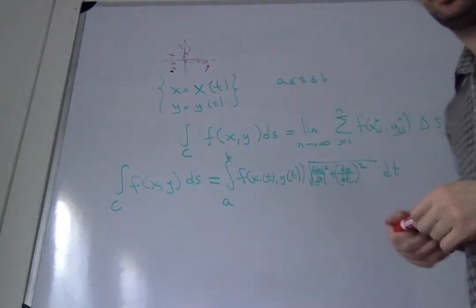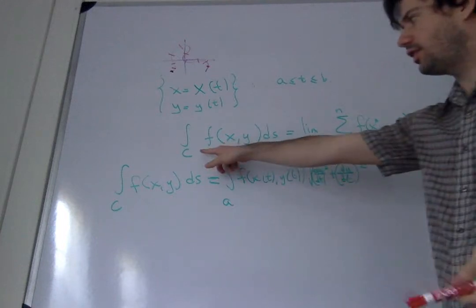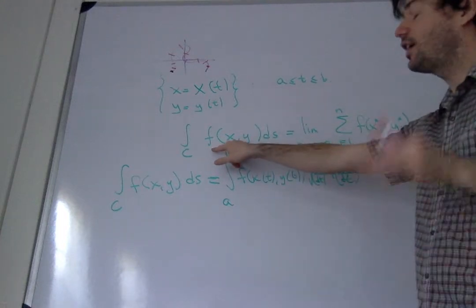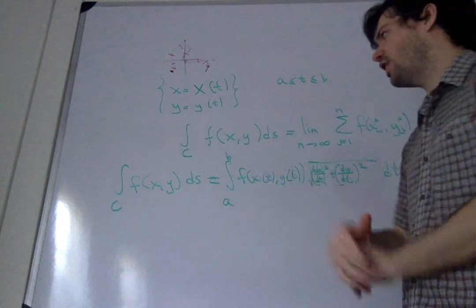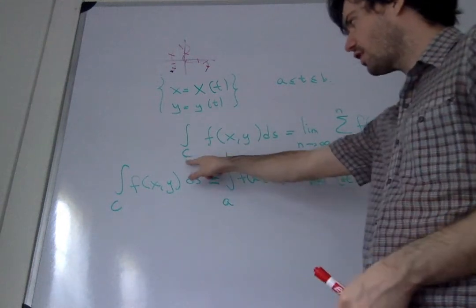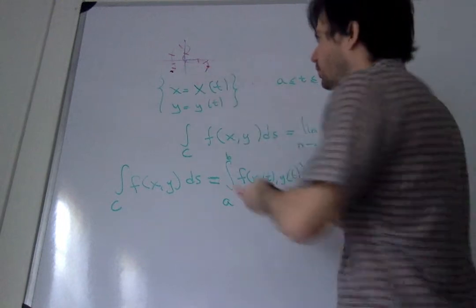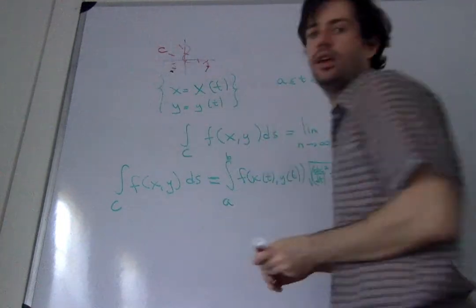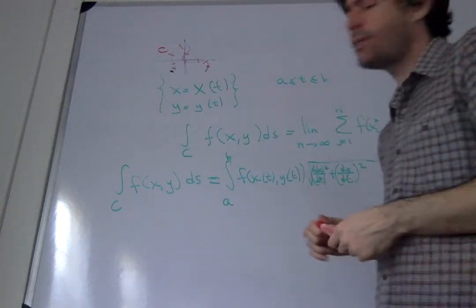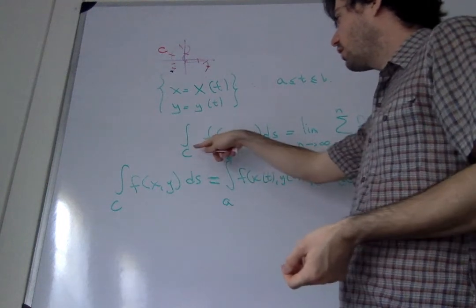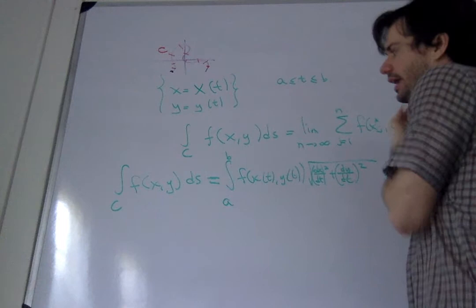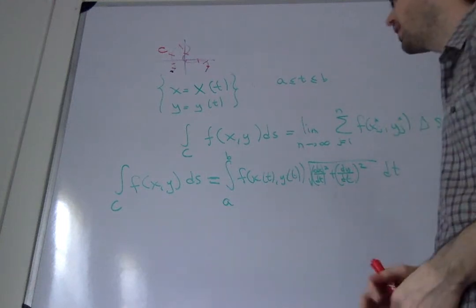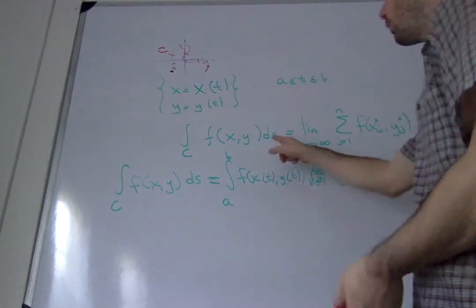How do we describe the integral? Well, the integral of f is going to be defined over a curve. So I just described a curve C, a generic curve C. We're going to integrate this function over this curve, and instead of dx or dy, we're going to use ds.